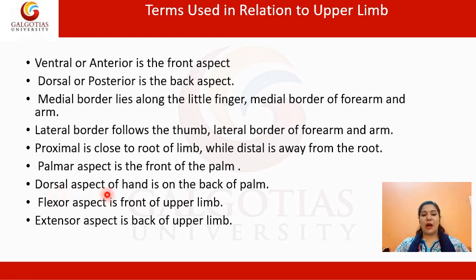Next term is palmar aspect, the front of the palm. The area of the palm is called the palmar aspect, and the back of the palm is known as the dorsal aspect. Flexor aspect is the front of the upper limb and extensor aspect is the back of the upper limb. So we can say that the flexor aspect is the anterior aspect and the extensor aspect is the dorsal or posterior aspect of the upper limb.